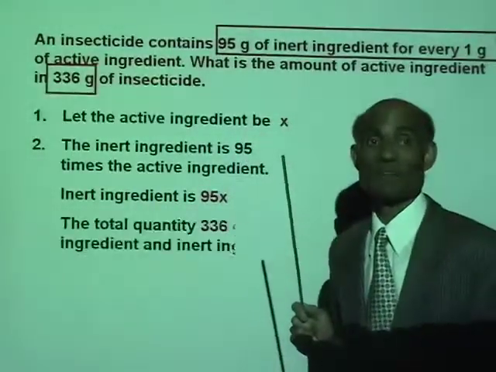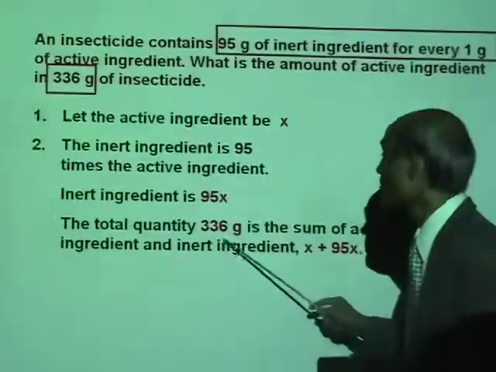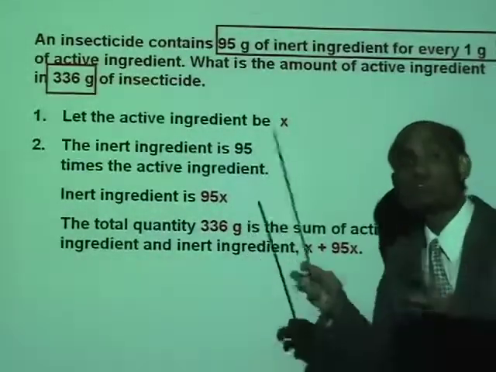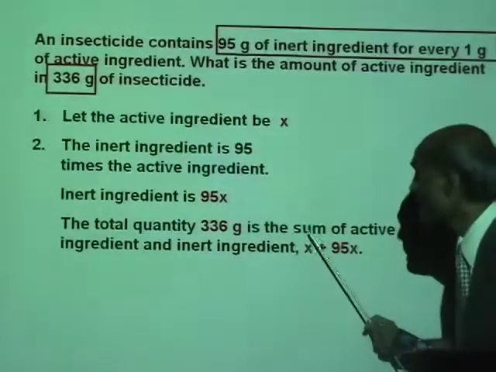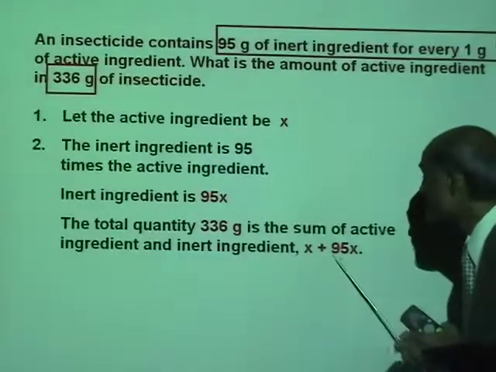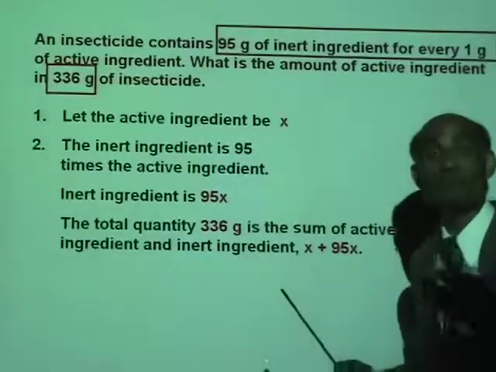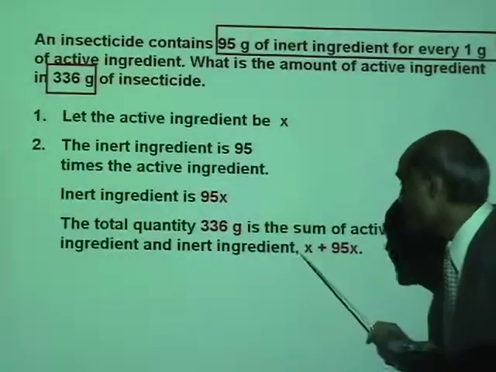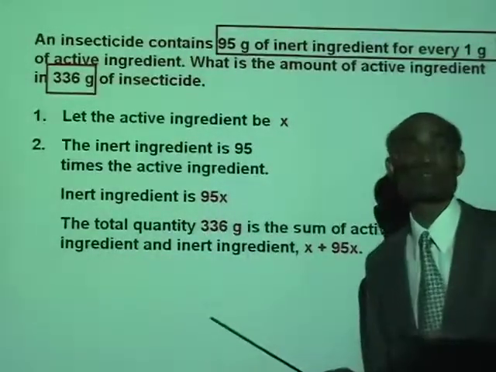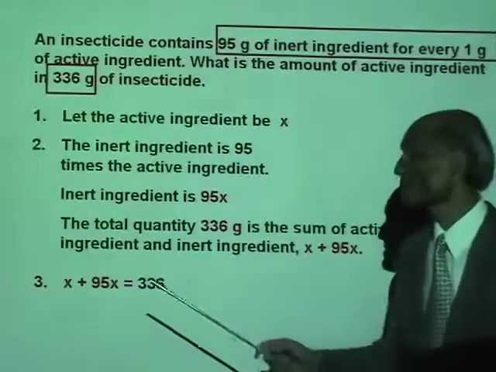336. That means the total quantity, 336 grams, is made by mixing X grams of poison with 95X grams of water. X plus 95X therefore should be equal to 336.